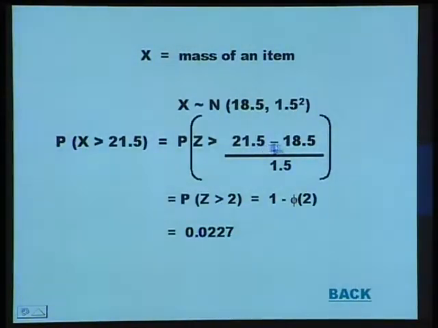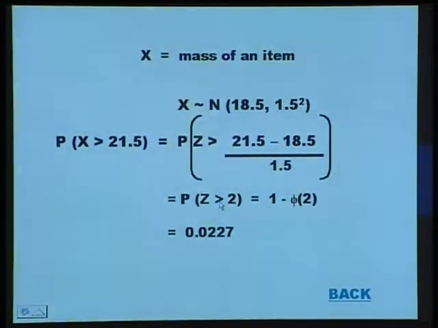Simplifying 21.5 minus 18.5 over 1.5 will get 2. So probability z is greater than 2. Remember, we were asked to find the probability x is greater than 21.5 kilogram. We standardize it by subtracting from this value the mean and dividing by the standard deviation. We get probability z greater than 2.